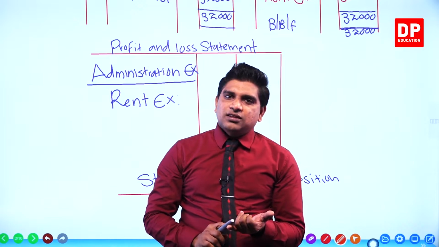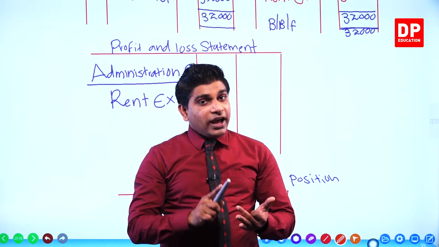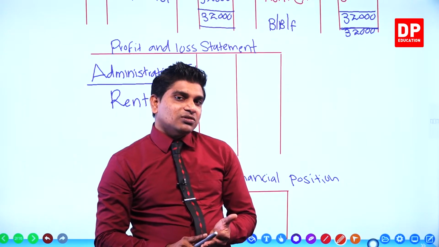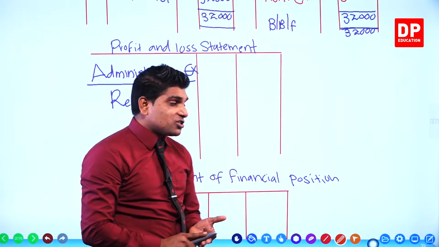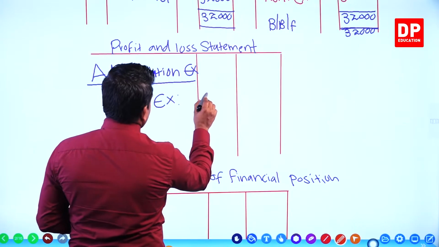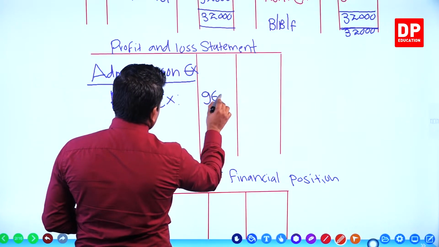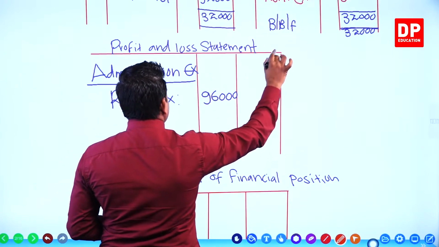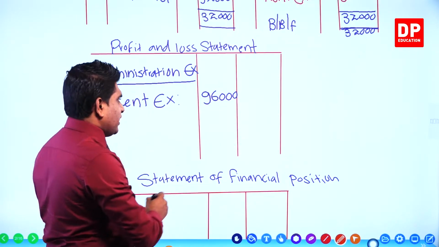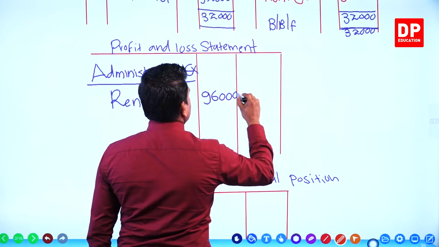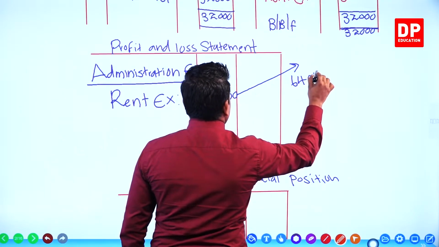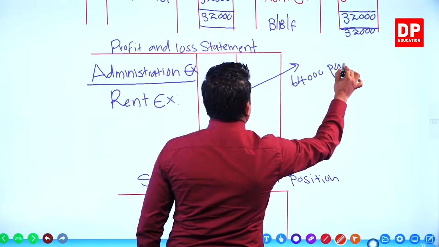64,000, 32,000 or 96,000? You see the above account now. Rent expense account, total how much? 96,000. This includes paid, and if you want, I can classify them. Paid 64,000 is included.